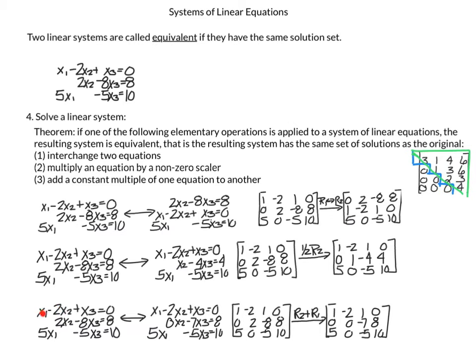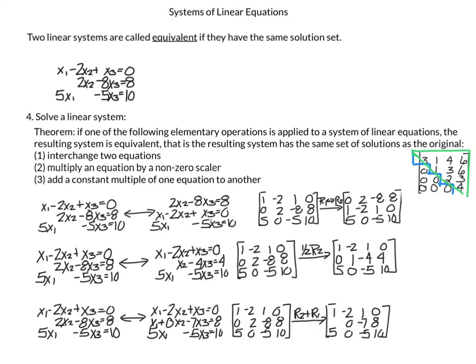So here we're going to have x1, actually I missed my x1, it should be here, plus 0x2, because these two cancel out, and then I'll have my minus 7x3 is equal to 8. So here I should have, this is my original equation here, and over here I should have a 1.